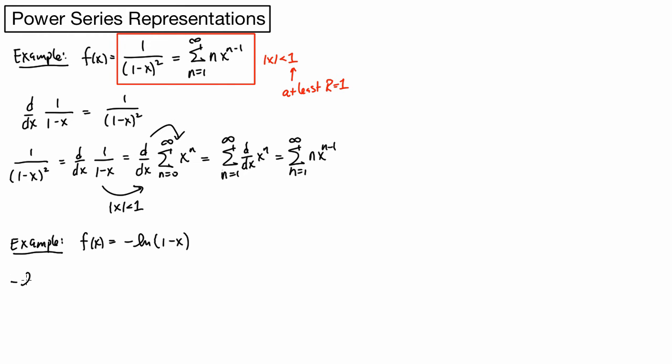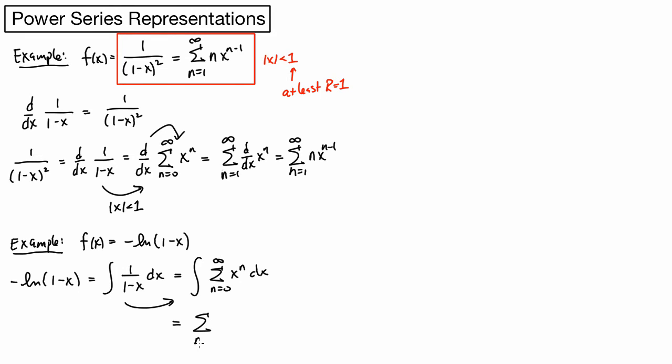What I'm saying here is I could look at this function, but think of it as the integral of the geometric function, which means that I can replace that geometric function with its power series representation and use termwise integration to move the integral into the sum at a cost of producing an integration constant.